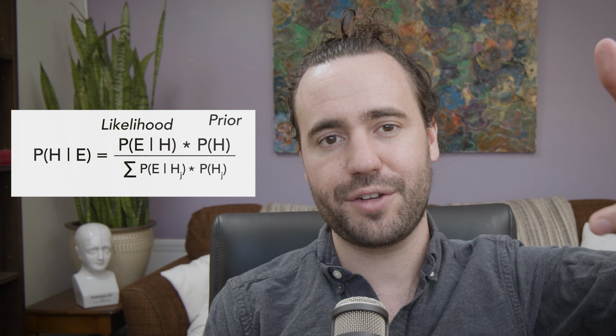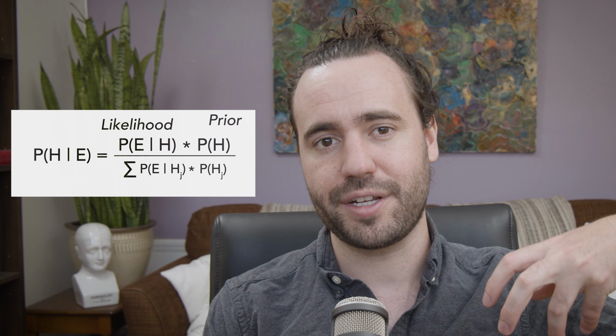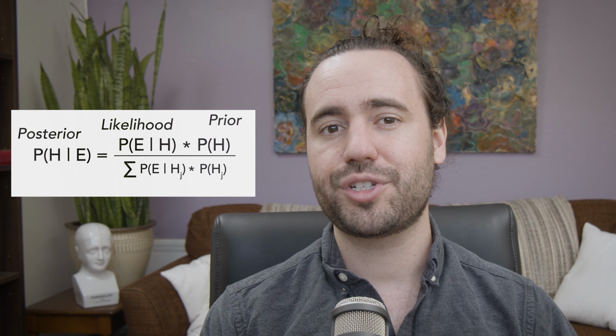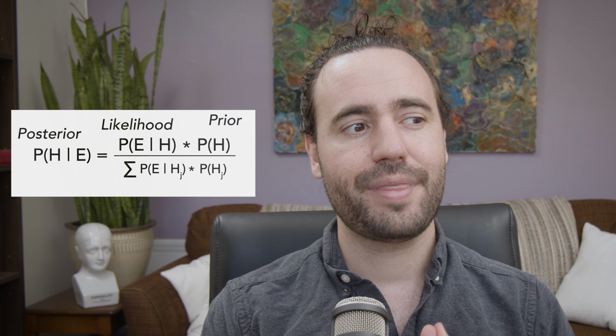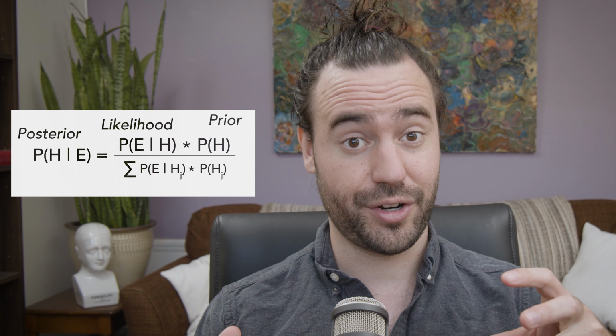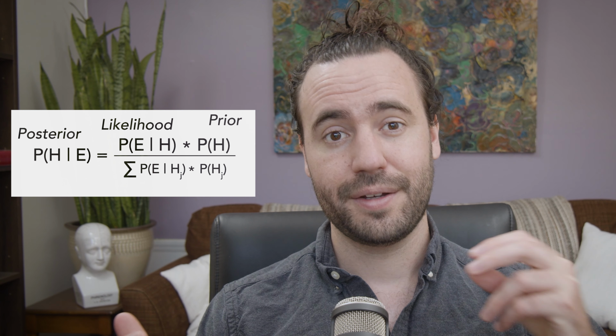So for each theory, what's the chance that this event is going to happen if this theory is true? So those are my likelihoods. And then finally, after an event occurs, I have a posterior, which is essentially saying, now that this event has occurred, how am I going to update my models and my theories based on this new evidence, which I now have?